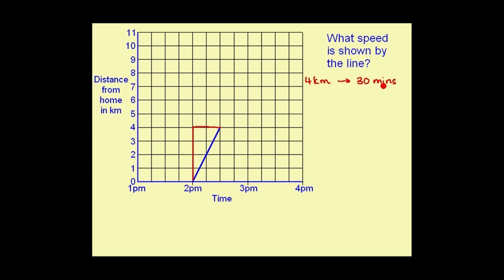To turn this into a speed in kilometres per hour, we need to double the 30 minutes to get 60 minutes, which is an hour. If I've doubled this, I'm going to have to double this too, so I get 8 kilometres. So travelling at this speed, you would travel for 8 kilometres in 60 minutes, so it must be a speed of 8 kilometres an hour.